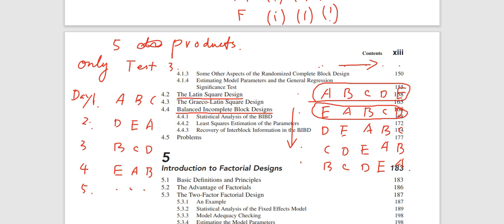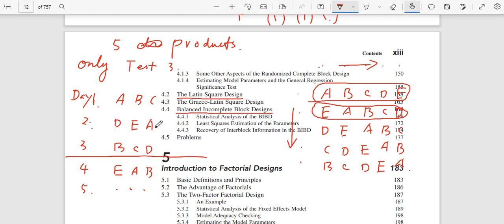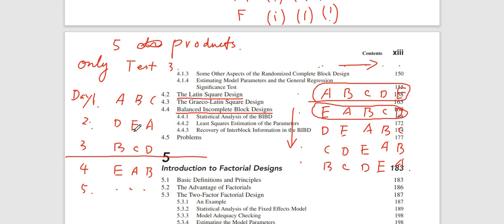If I stop after 3 days, this is not so good, because I test A twice, B twice, C twice, D twice, but E only once. So this is not balanced.